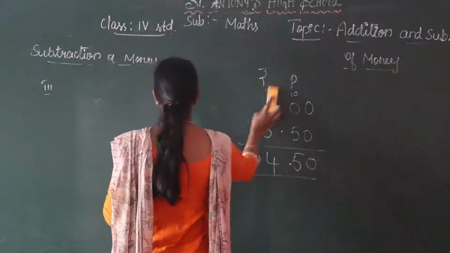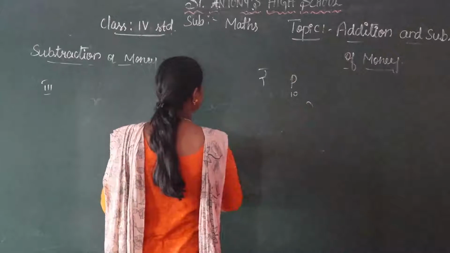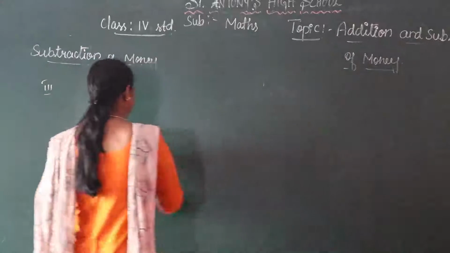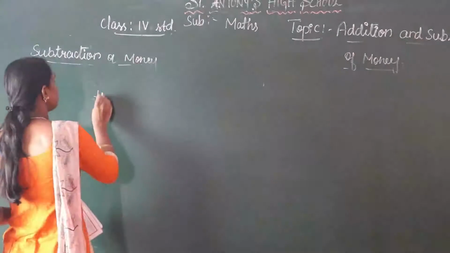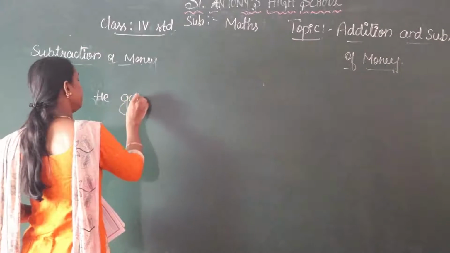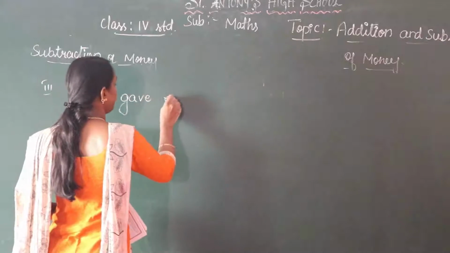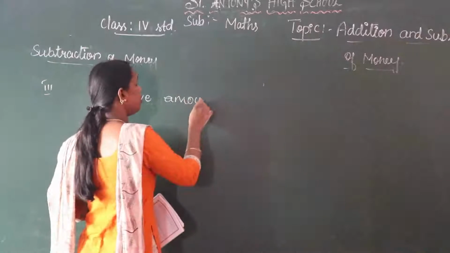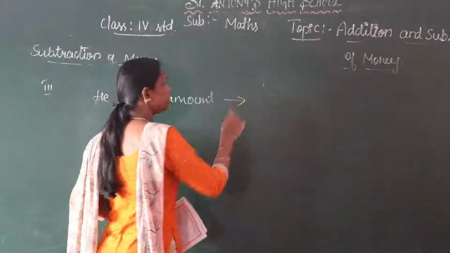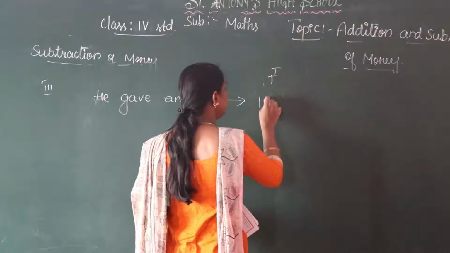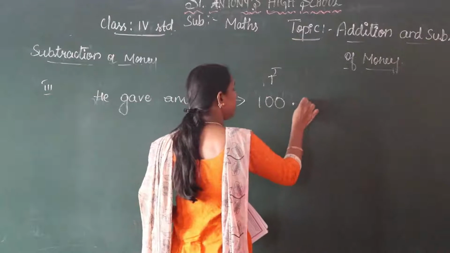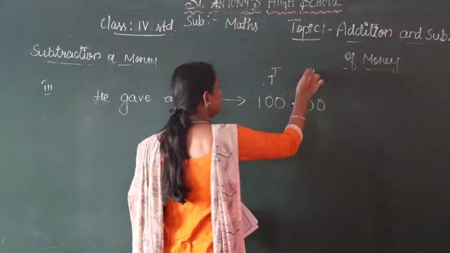The cost of the stamp is rupees 50 paisa. He gave amount, how much? He gave the amount to the post office counter, that is rupees 100. In the paisa column, write zeros.